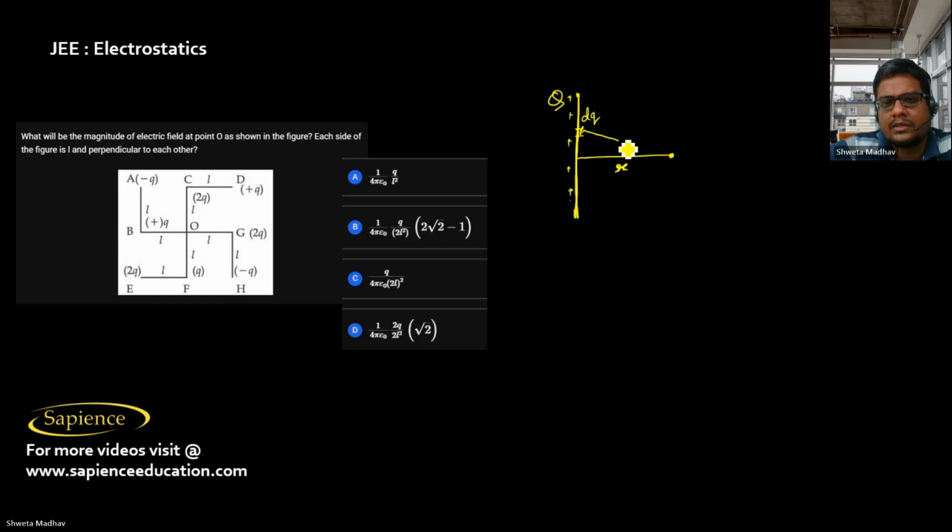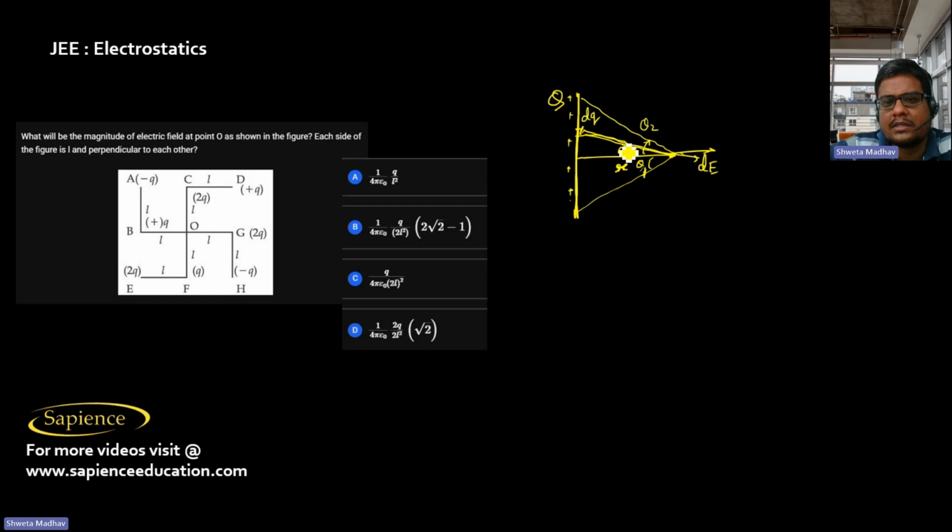Then here we will have the electric field. Let's say theta goes from minus theta 1 to plus theta 2. So this way it will be the small electric field dE.